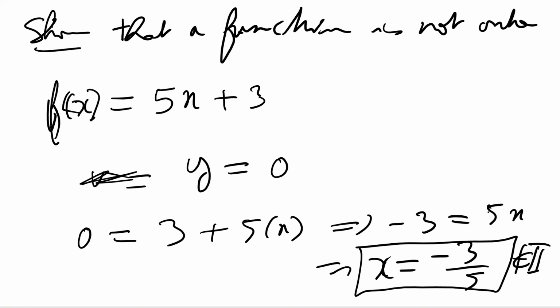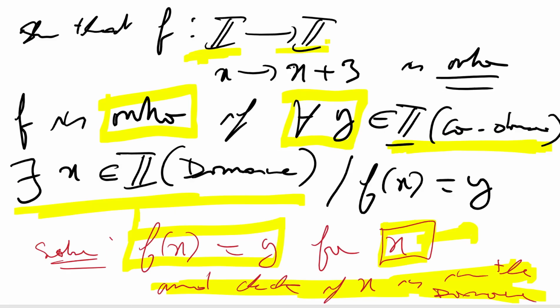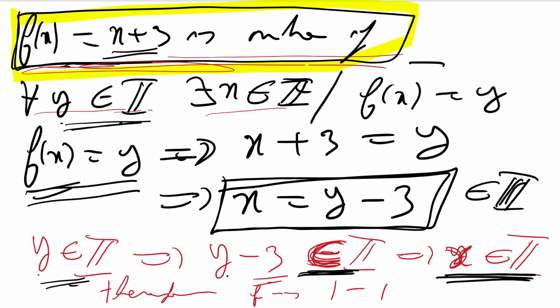So this function, just forget about what we did here, is not onto, because the definition of onto says that for every y in the codomain, there must exist a certain x in the domain such that f of x equals y.